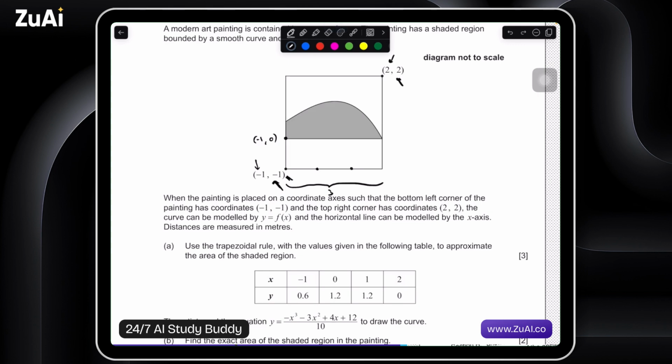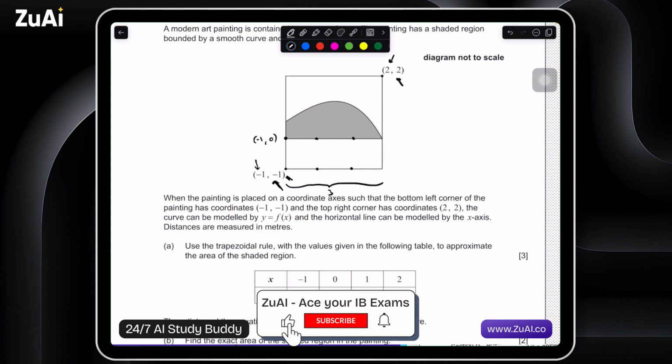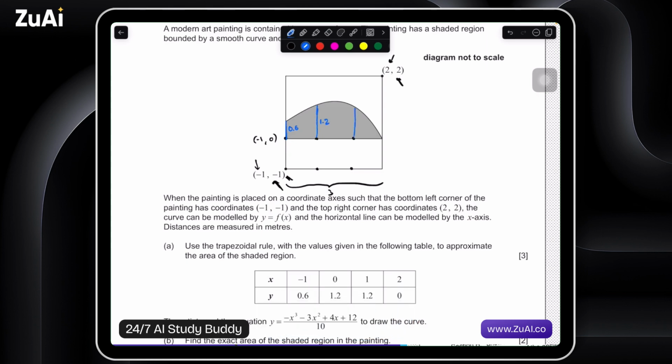So we know when x is equal to -1, we have a height of 0.6, and when x is equal to 0, we have a height of 1.2. When x is equal to 1, we have a height again of 1.2, and when x is equal to 2, we have a height of 0.